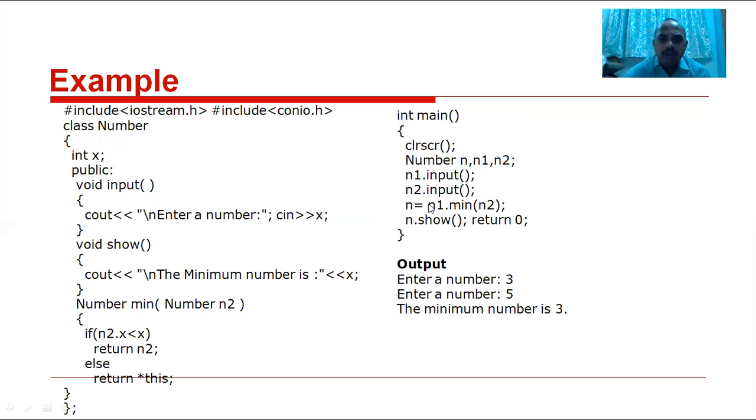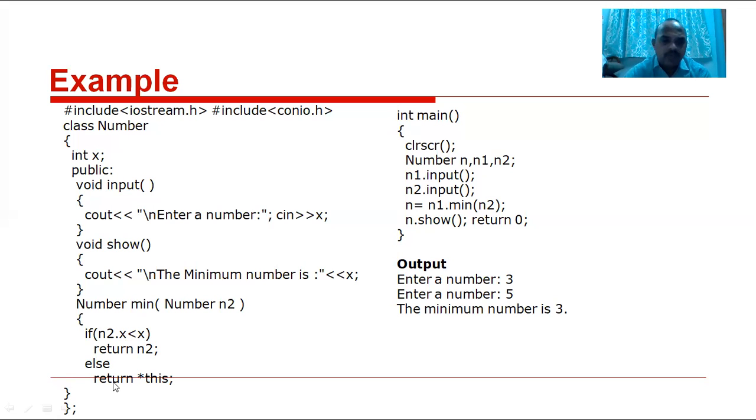You're calling n1 dot min, passing n2 value. What is n2 value? 5. Clear? Here n2 dot x, 5 is less than x, x value is 3. Is it true or false? 5 is less than x? No. Then return this pointer.